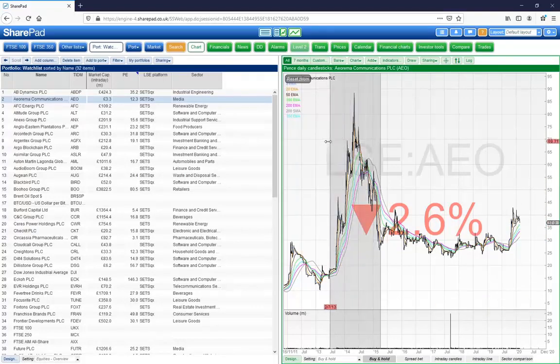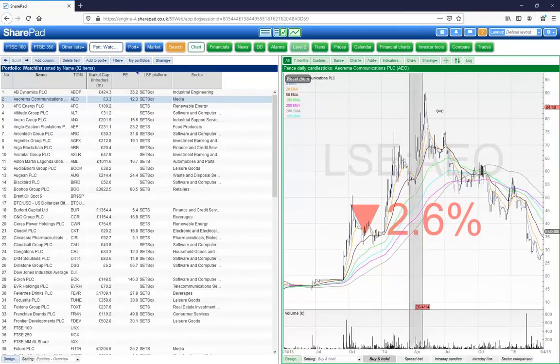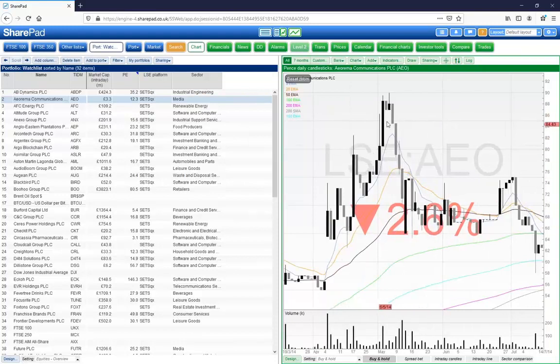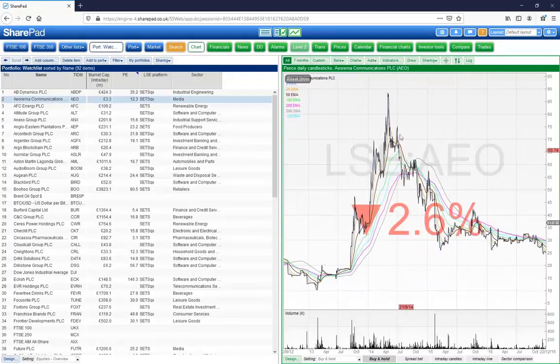Stage 3 is where we've got the peak and the sort of rounded top here, typically characterized by high volume as well, as people start to sell out, institutions start to sell their positions. And then we've got stage 4, where you should avoid being long, because it's just damn hard to make any money on them.